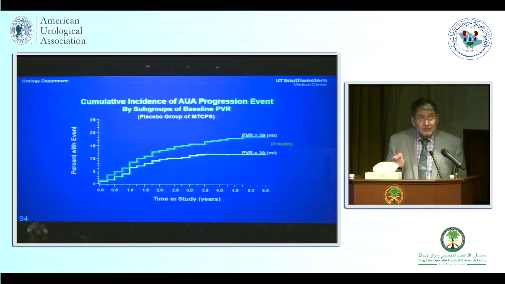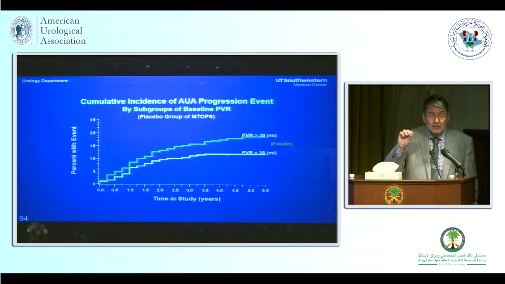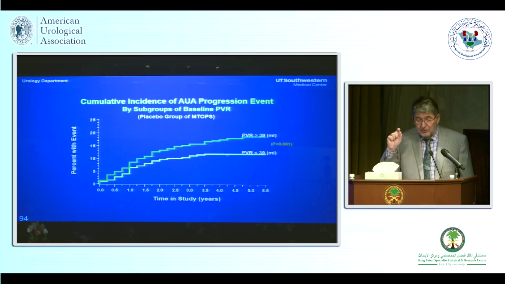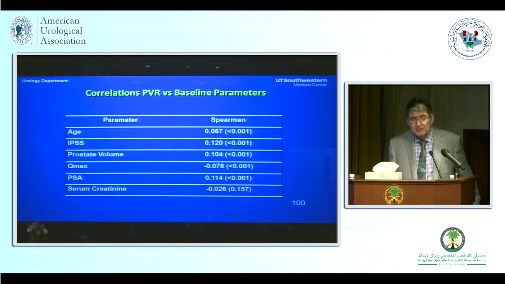A lot was made of the MTOPS trial finding that the median residual urine, which was 39 milliliters, distinguished in the placebo group of MTOPS men who did progress versus those who didn't progress. But if you look at the absolute progression rates, the difference, oops, I drew this wrong, was not all that great, you might agree with me.